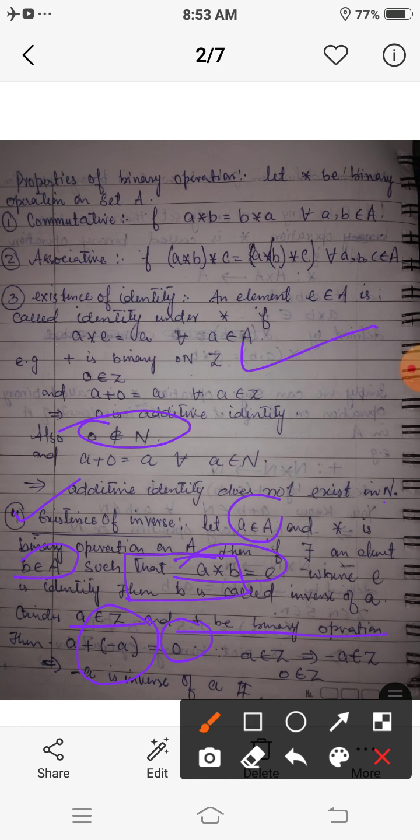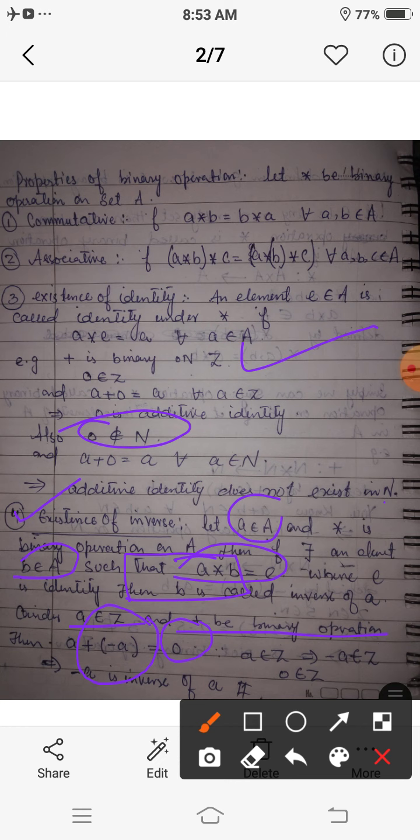Similarly, under multiplication you can define the multiplicative identity and multiplicative inverse. Like if we consider 1 in R, then a into 1 equals a for all a belonging to R. So 1 is the multiplicative identity. For the multiplicative inverse, if a is a non-zero real, then a into 1 by a is 1.